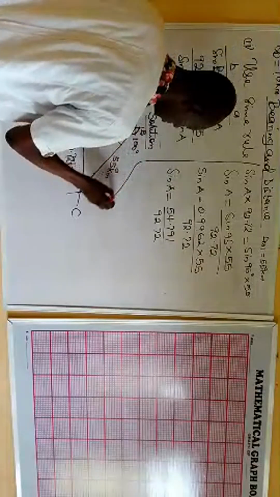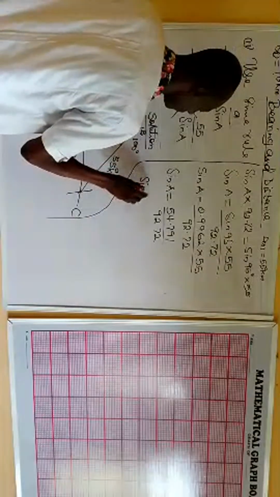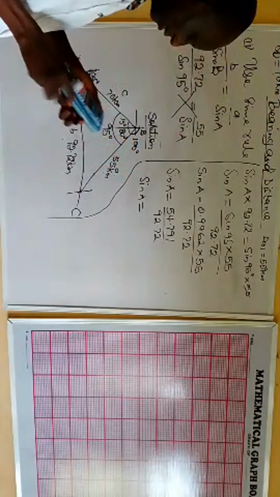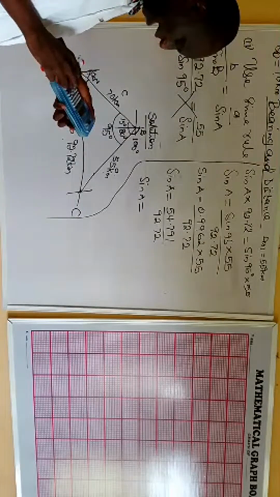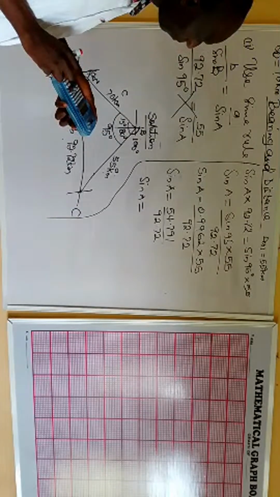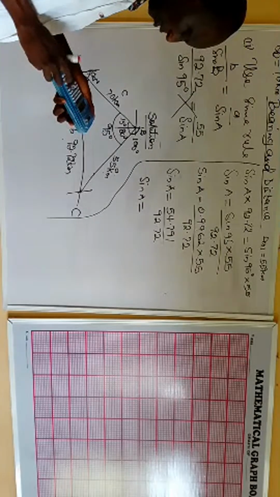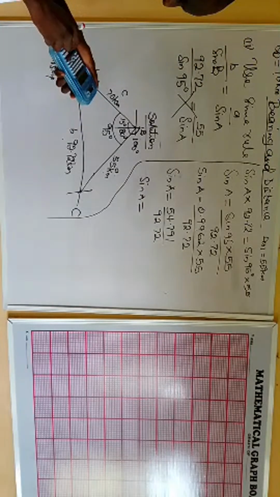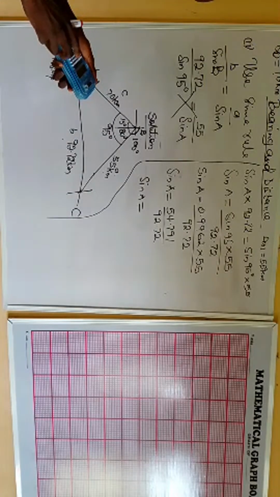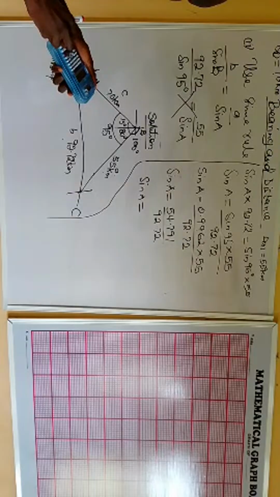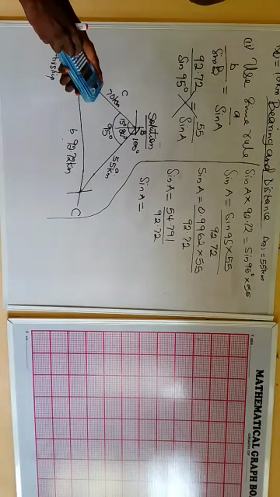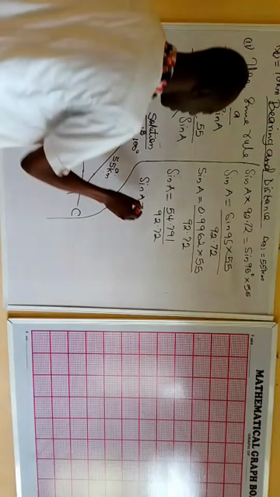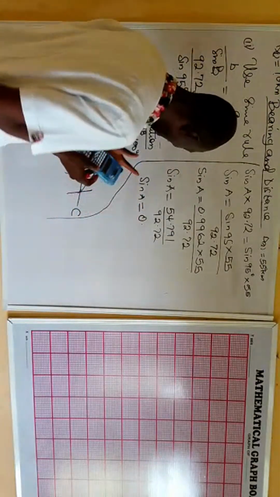What is now sine A? 54.791 divided by 92.72 is 0.5909.